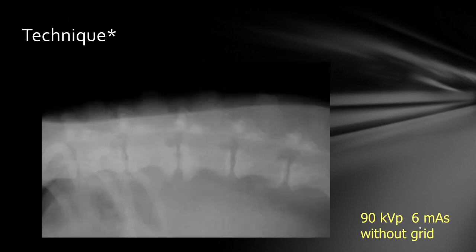So this is an example. Again, this was old hard copy films. Digital radiography generally does better. But this was a high kVp technique, essentially a thorax technique without a grid. And you see how blurry it is, how poor the margination between bone and soft tissue is.